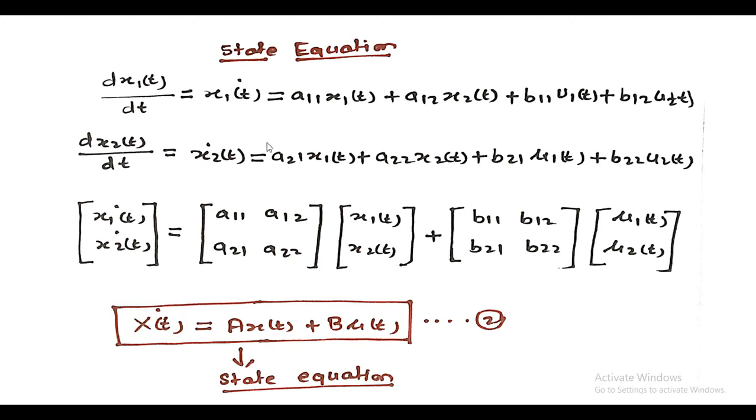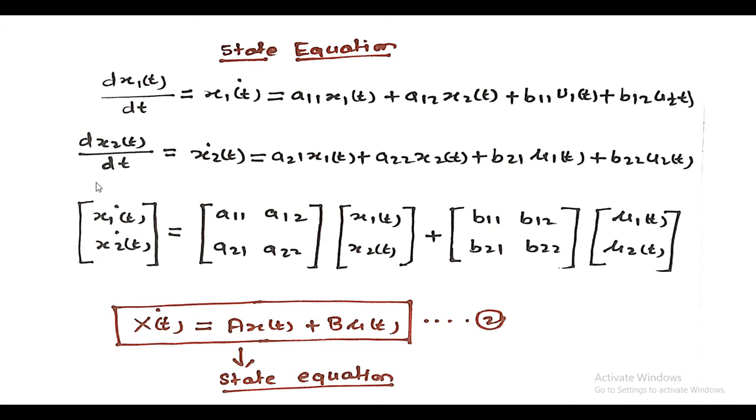In some books a bar is given, and in some books a dot is given; you have to consider that. So x1 dot t is equal to a11 x1t plus a12 x2t plus b11 u1t plus b12 u2t. Here x1t, x2t and u1t, u2t remain as they are, but just the coefficients have changed. Why we are doing it like this, we will see in the last unit. So don't worry, just see how the calculation is done. Here a11 and a12 are the coefficients of x1 and x2 respectively, and b11 and b12 are the coefficients of u1t and u2t respectively.